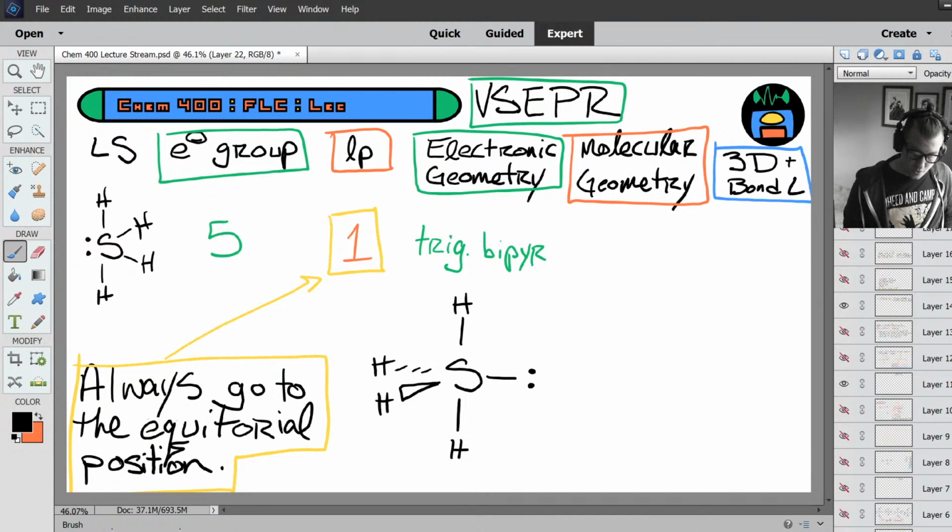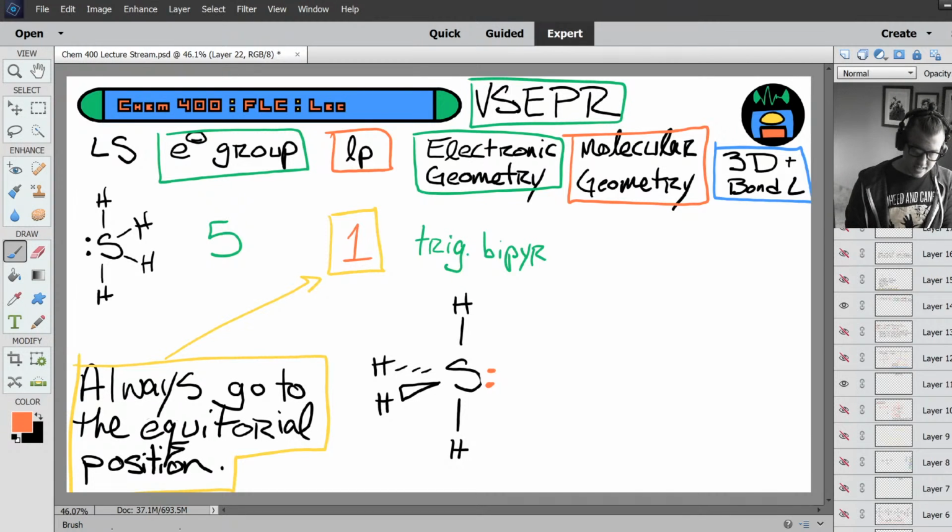Now, for our molecular geometry, we're only interested in the shape that the atoms make. We don't look at the shape of the electrons, of the lone pairs, just the atoms.